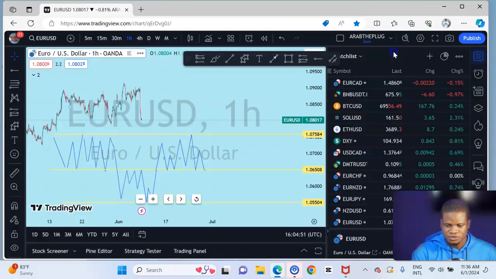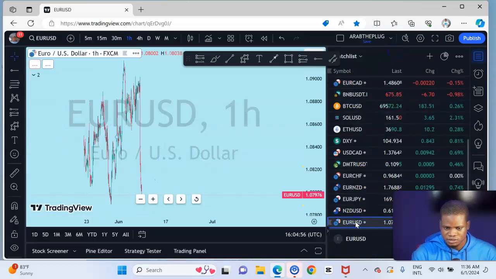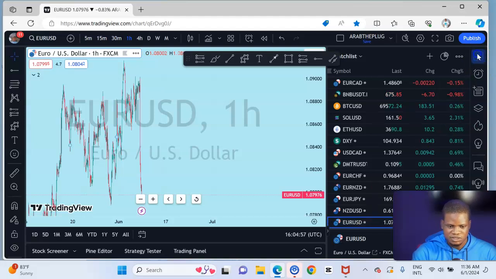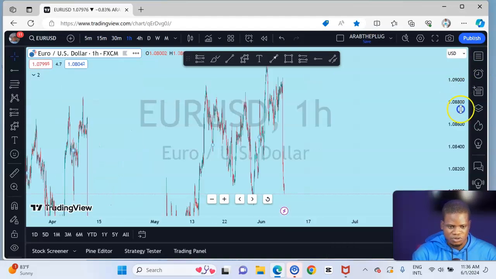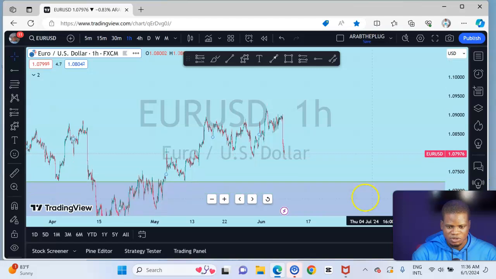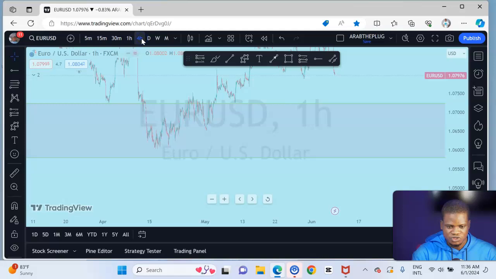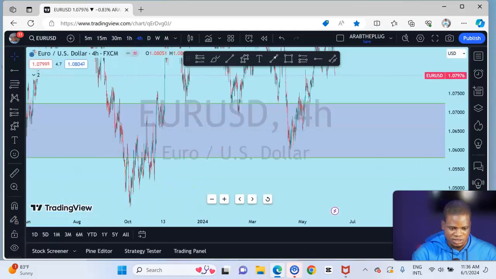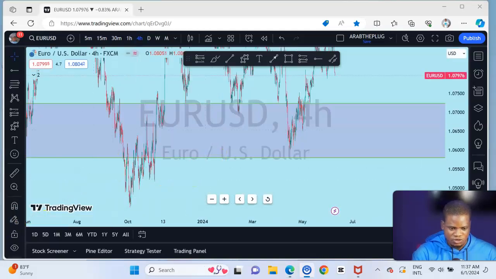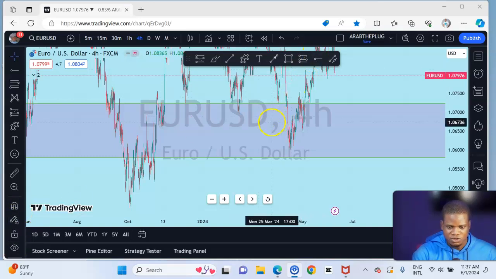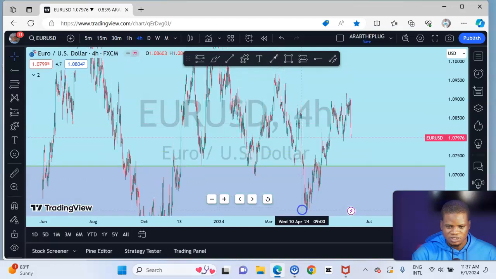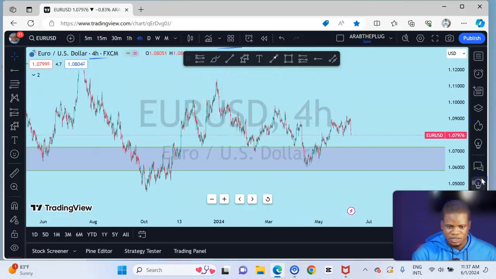Fine. So let's look at Euro USD. Right, this is the chart of Euro against the US dollar on a 1 hour time frame. So let me switch to 4 hour time frame a little bit, and also get rid of all the things I have here.